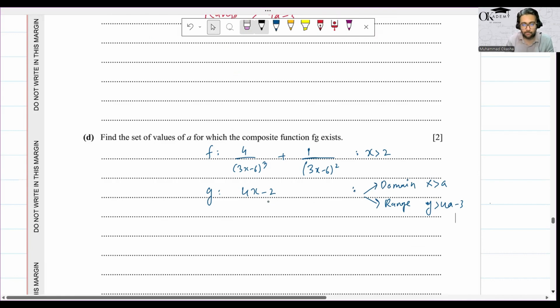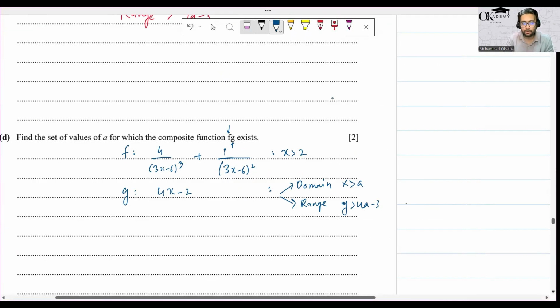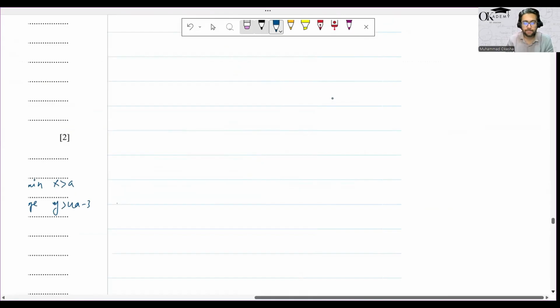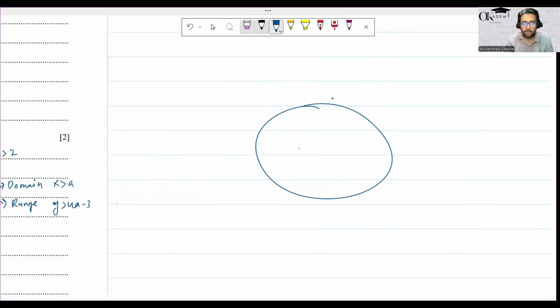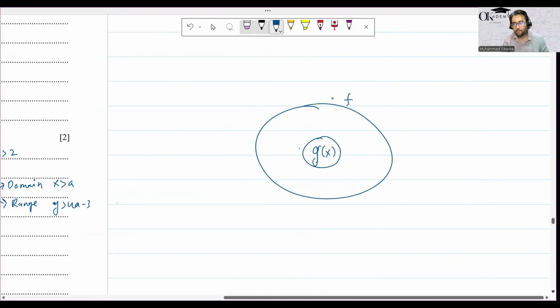Now, we're talking about a composite function, in such a way that you have the inner function as g and the outer function as f. Let me draw it so that it makes more sense. The outer function is f and the inner function is g, right?